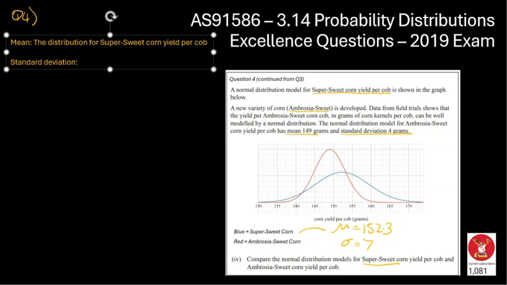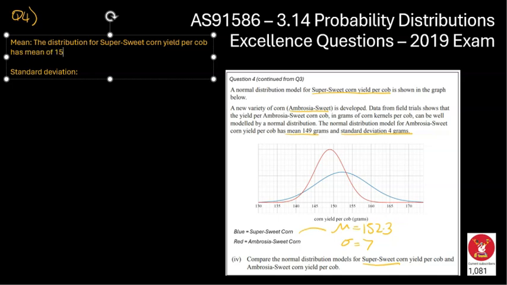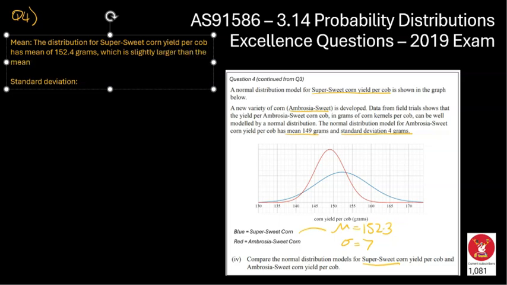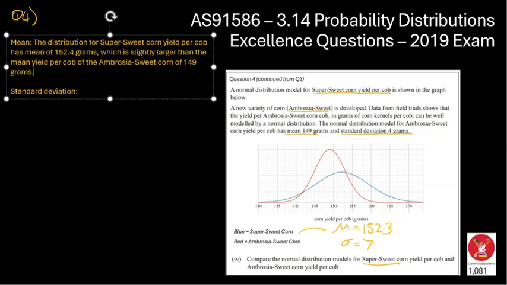So it has a mean of 152.3 grams, which is slightly larger than the mean yield per cob of the Ambrosia sweet corn of 149 grams. So that's me just stating the means for each of the two types. And I've made it comparative. I've said it's slightly larger. That's my comparison that I'm aiming for.